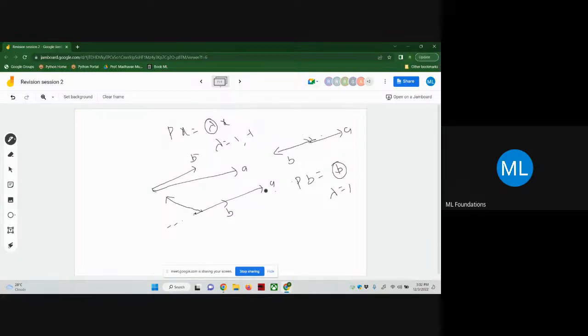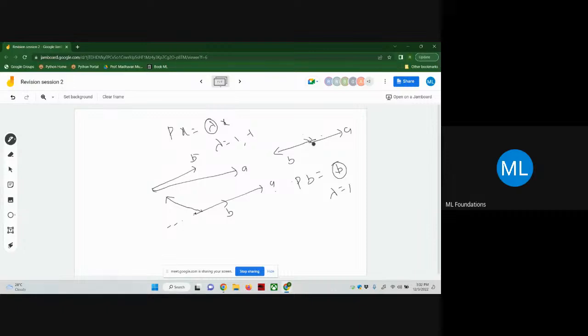Yes, correct. And the only way that can happen is when the lambda value is equal to 1. One or minus one? No, it's going to be 1 only. As I told you, PB will be equal to B. This direction will be taken care of in the B itself, whether it is exactly parallel or anti-parallel.